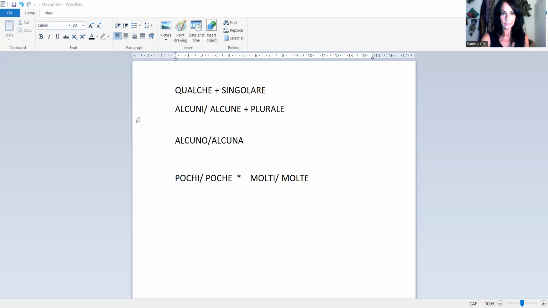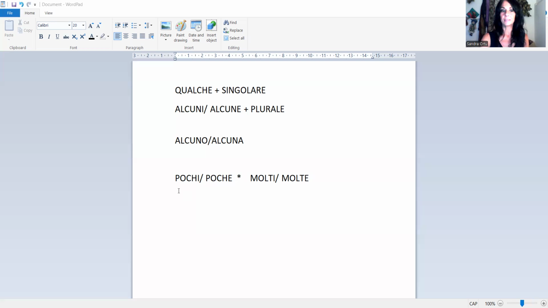Related to some, if we come down here, is a mistake that some people make. They make this mistake translating, obviously, from English when, for example, you say there are a few trees or a few times a week, meaning there are some trees or some times a week.